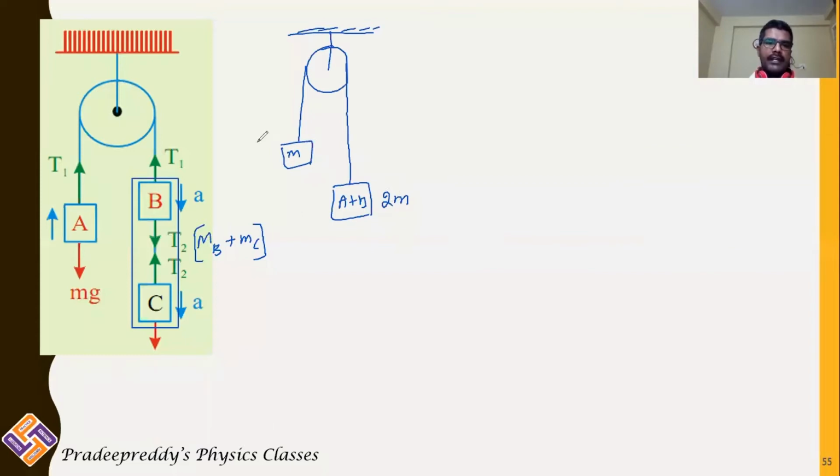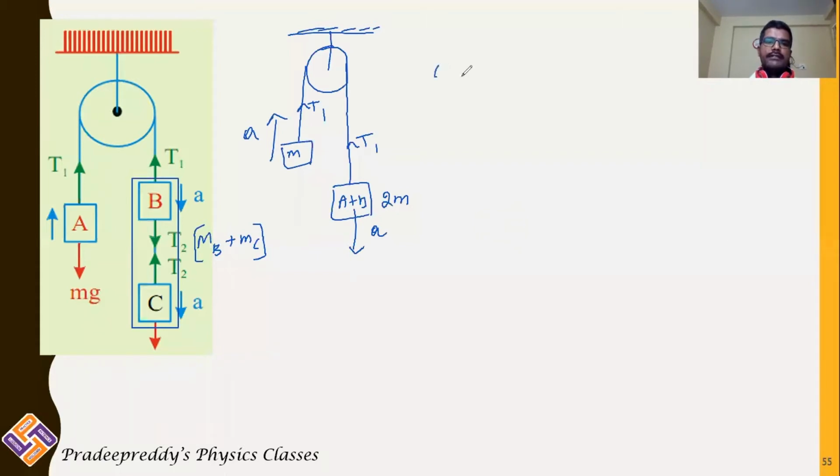Obviously 2m is greater than m, therefore this body is being pulled down and this body is pulled up with some acceleration A, and here there will be tension T1 and here there will be tension T1.